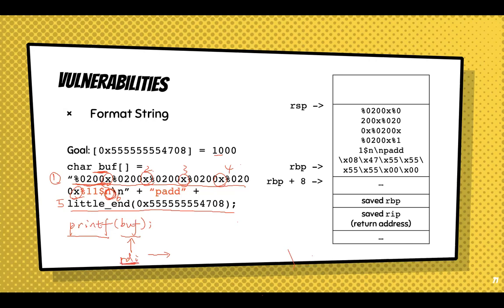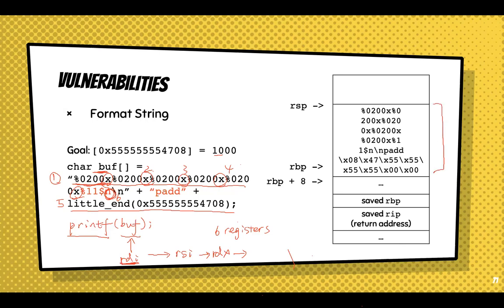So printf will then look at the other arguments, RSI, and then I think it's RDX. I actually forgot the exact order of the registers, but you know there are 6 registers that are used to store those arguments according to the x86-64 calling convention. After those 6 registers, it will start to look at the stack.